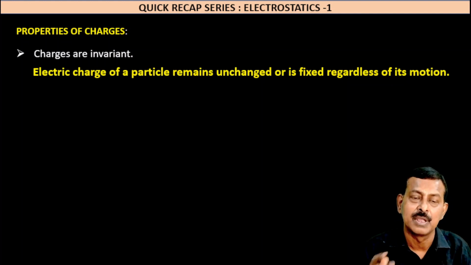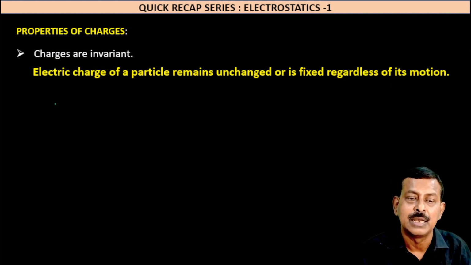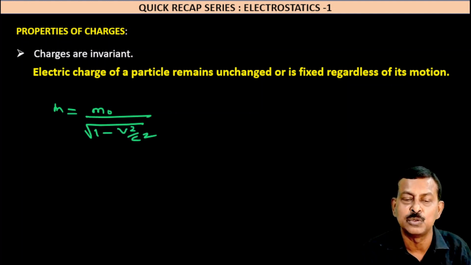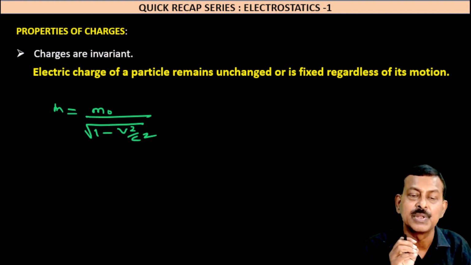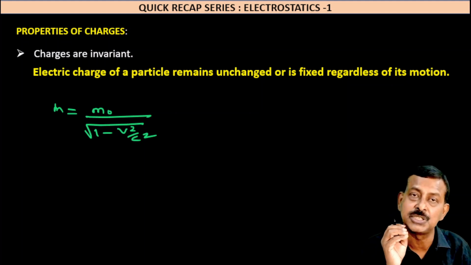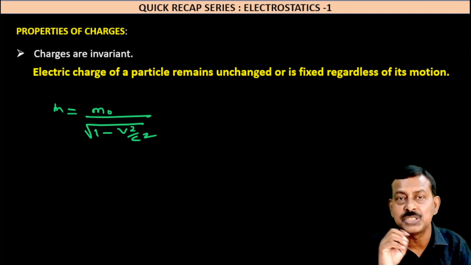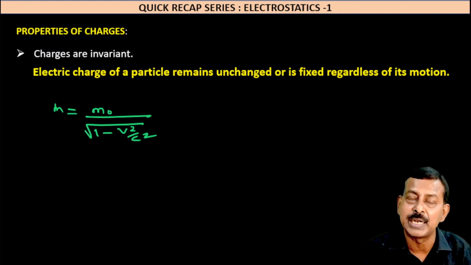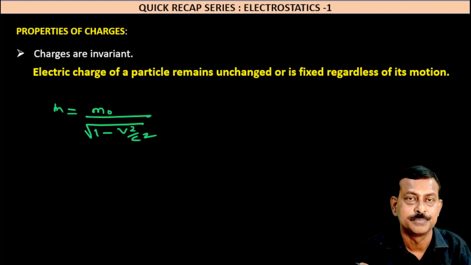If m is the mass of the body when it is moving with high velocity, it is given as m naught divided by root over 1 minus v square by c square. m naught is the rest mass, v is the velocity with which the charged particle is moving, c is the speed of light, and m is the mass of the particle when it is in motion.